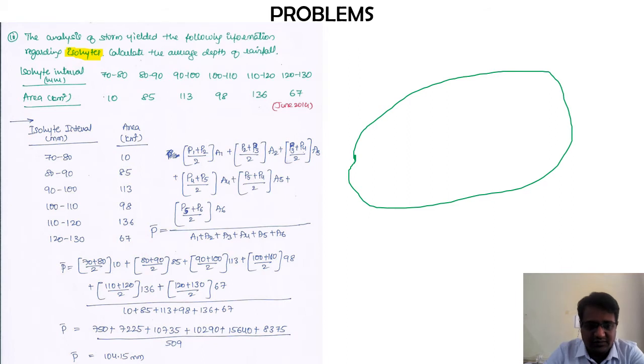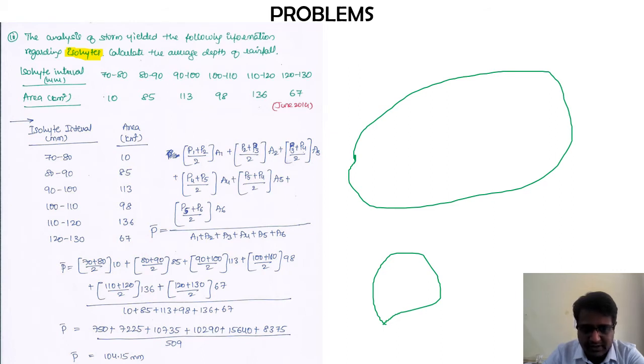So for that, let me try to explain this with a simple thing. Okay, having a random shape of a catchment area, or you imagine this as Belgaum city itself, or let us say Karnataka itself. At that point of time we have different rainfalls at different places.